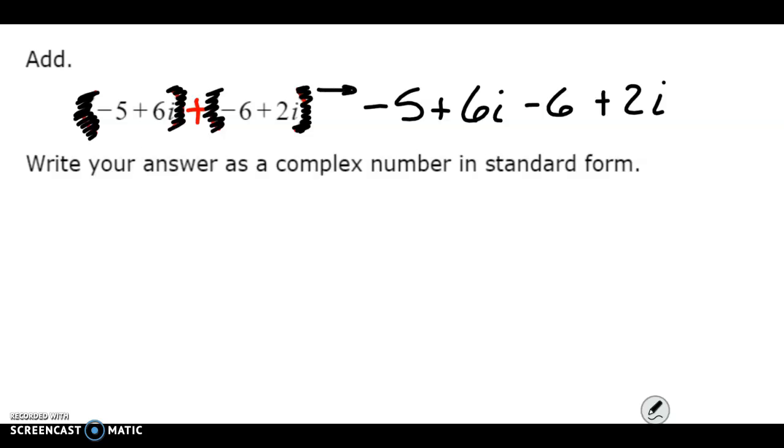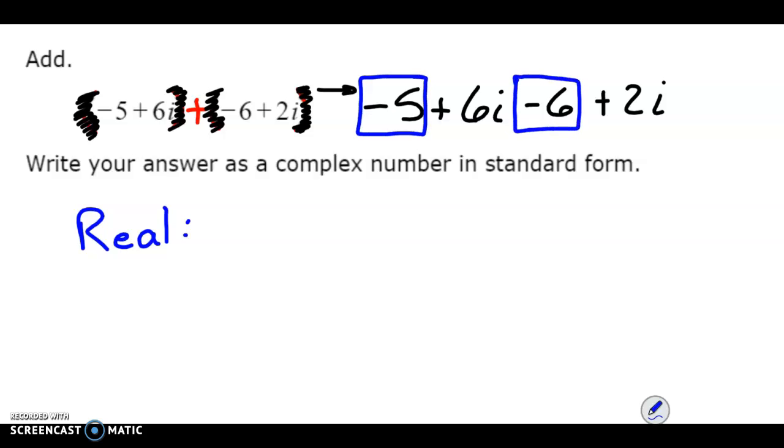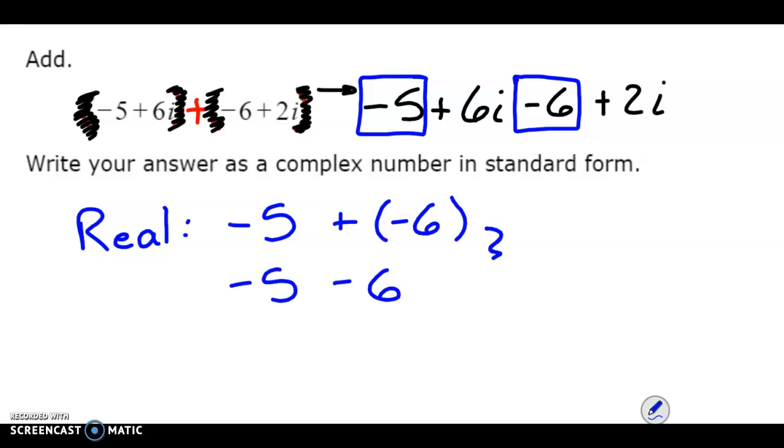So we're going to combine our real numbers, and you're just combining these like we're used to combining like terms. We have a -5 and a -6. So I'm going to combine those, -5 plus -6, or it's the same as just -5 minus 6 more. Either way, that's going to equal -11.